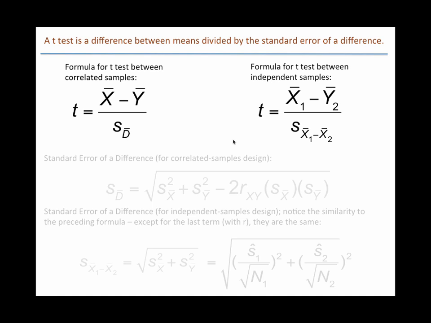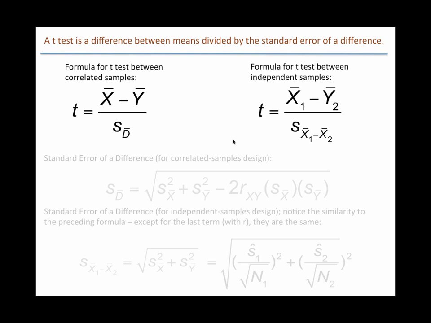So at the top we have the 2 formulas for the 2 t-tests we are going to be computing. Again, in this video I'm just going to be showing you how to compute a t-test between correlated samples. But I wanted to show you at the very beginning some relationships between the 2 formulas.